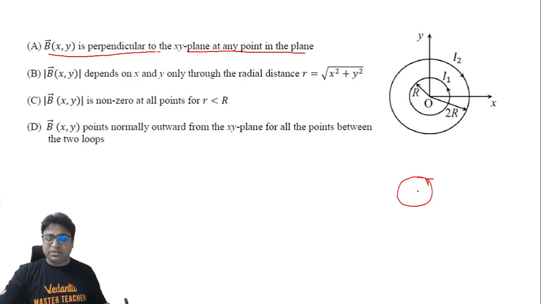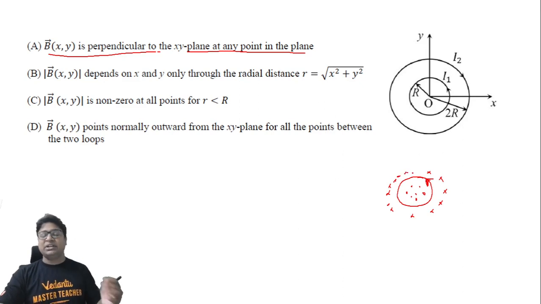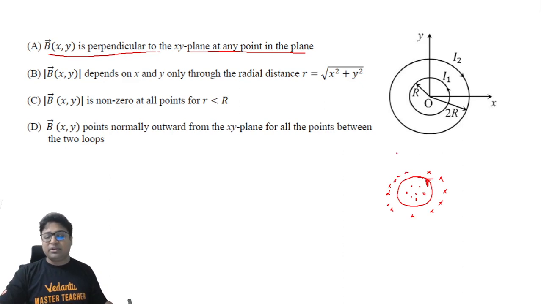For example, for an anti-clockwise loop, we will have dots within this loop, and we will have crosses outside this loop. So as far as this plane is concerned, the magnetic field lines are either coming out of it or going into it. Even if you place two concentric loops here, the fact is not going to change. So option A remains the correct one.